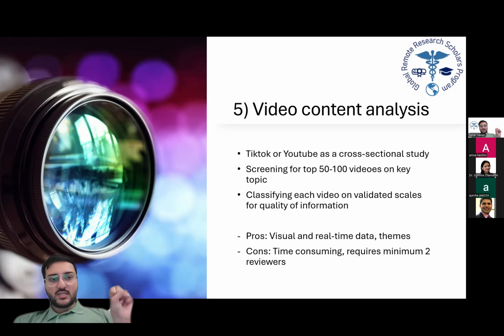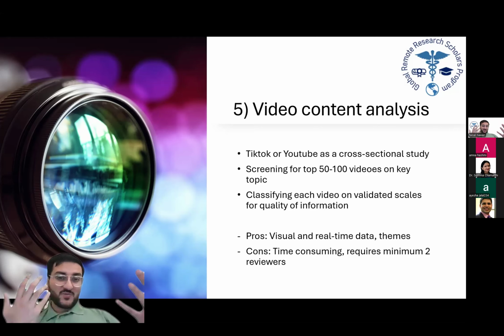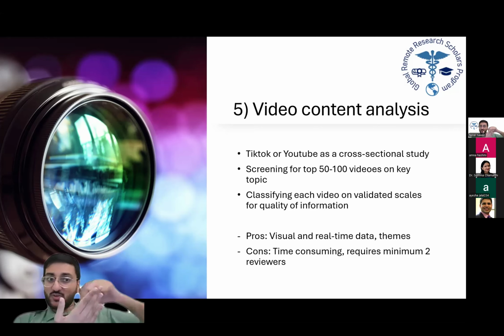But if you want to understand misinformation or how good or bad is the quality of information around a certain disease, a certain treatment, so it's a specific thing, and you want to assess the quality of how people are sharing it, that's where video content analysis is really good, because you're going to use certain scales that you can checklist and validate and get a score by watching videos. So it can be quite fun as well. You screen and you watch videos and you rate those scales using these validated tools. And then you write a paper about quality of information.